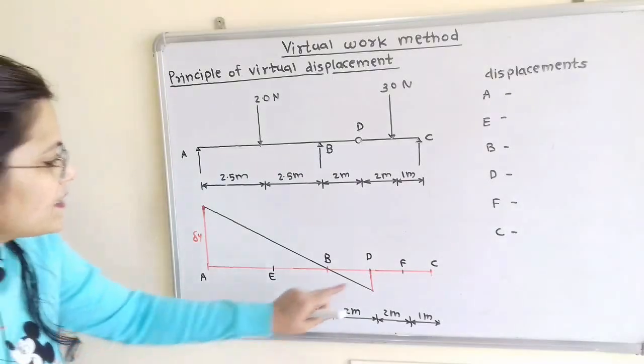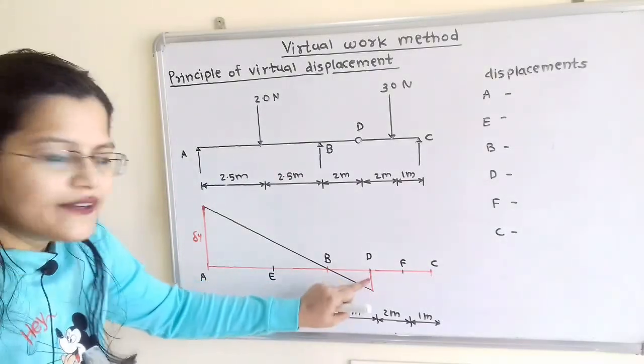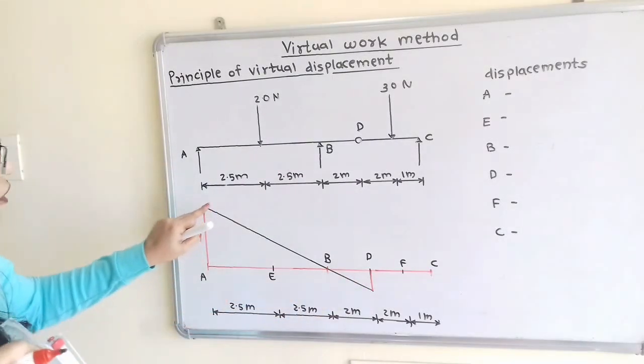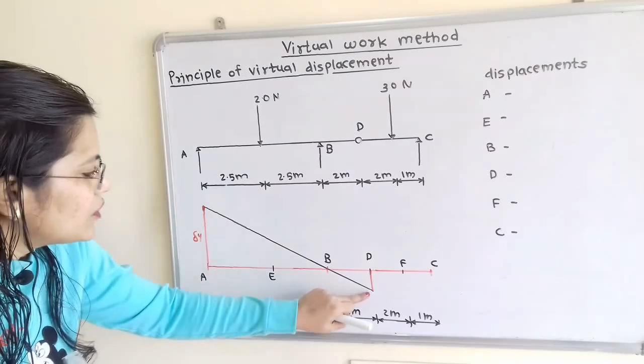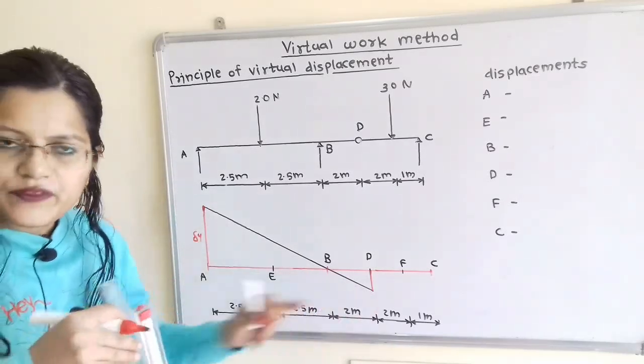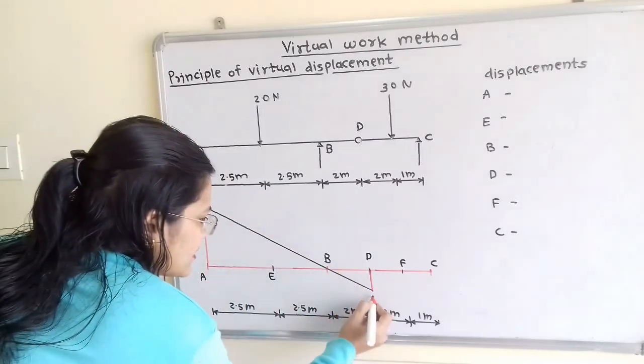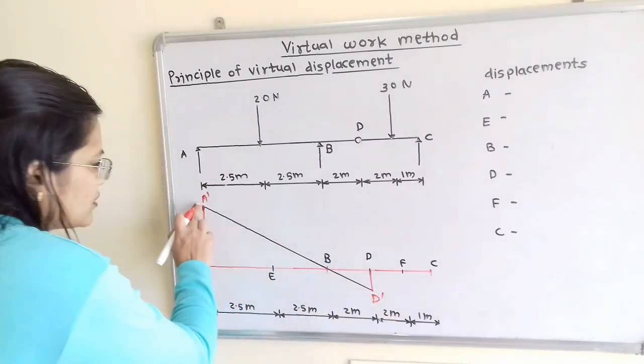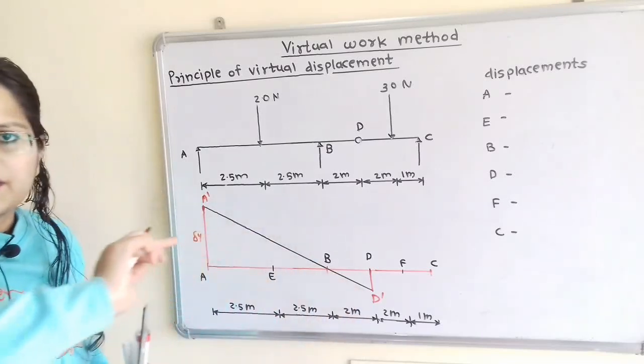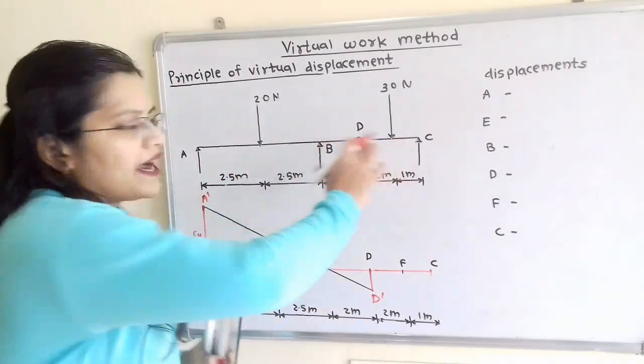Now this displacement at point D is with respect to delta y, because this part A to D is the whole beam. So I will write here A dash and here D dash, because this is the new position of A dash and D dash. Now what about this part DC?